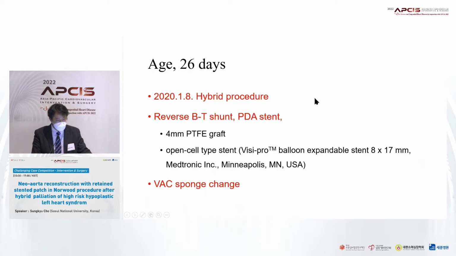So we decided on a hybrid procedure: reverse PT shunt with a 4 millimeter PTFE graft and PDA stenting with an open cell type stent to maintain cerebral and systemic perfusion. After the procedure, we applied the vacuum sponge again.